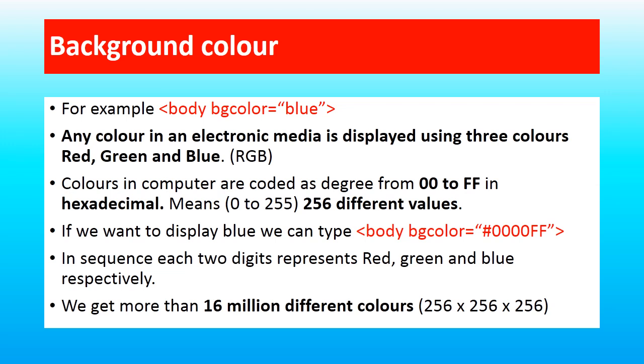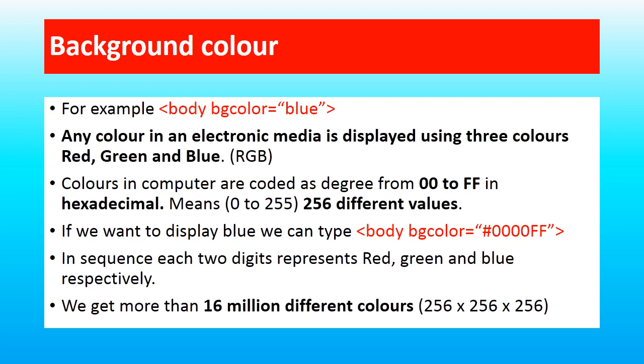We use the decimal number system, in which we have 10 digits, 0 to 9, while in hexadecimal it ranges from 0 to F, that is there are 16 digits. I will explain how the hexadecimal system works later on.